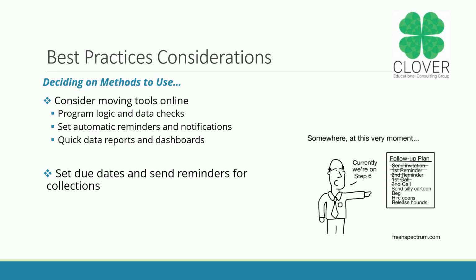And the reason why this is a recommendation is because of the features that these tools have. These tools can help program logic, so you can skip through questions based on your responses. It can also help with data checks and data quality by restricting responses or providing error messages if something is entered that's not in accordance to what you were expecting.